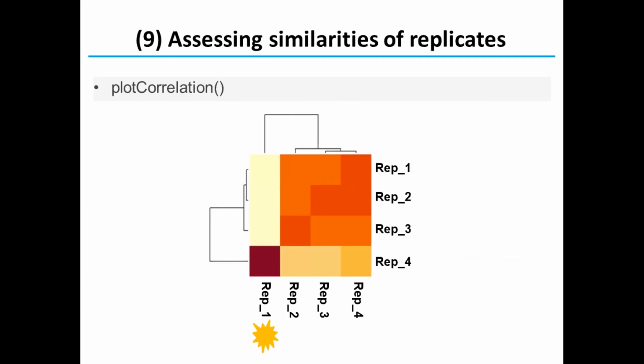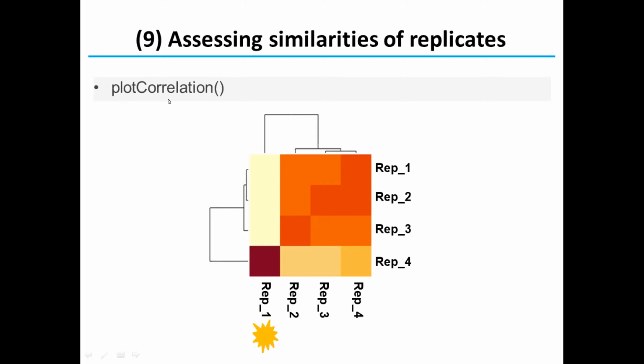Now if we have an experiment which has assays from different conditions, multiple biological replicates for each condition, we may have a bird's eye view about the whole experiment by checking the reproducibility and also the consistency. So we have a function called plot correlation.